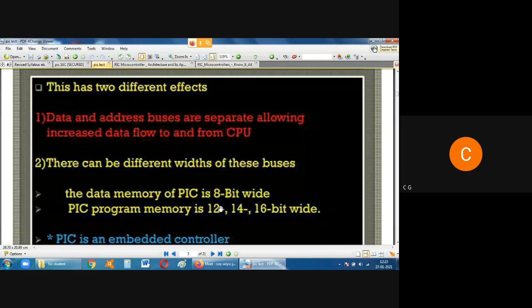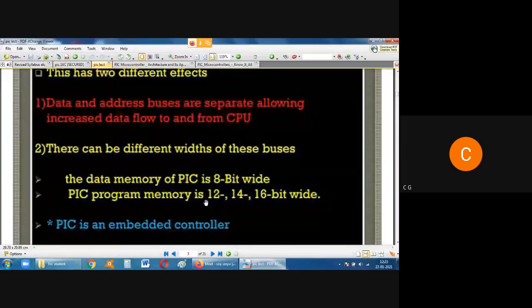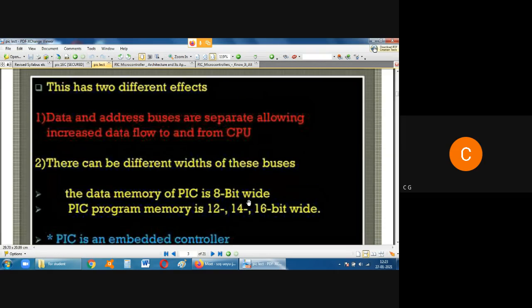As I told you, the PIC program memory is 12, 14, or 16 bits wide. I told you about the bus, so the memory bus is there, and it is 16-bit, 13-bit or 14-bit wide; there are such processors.